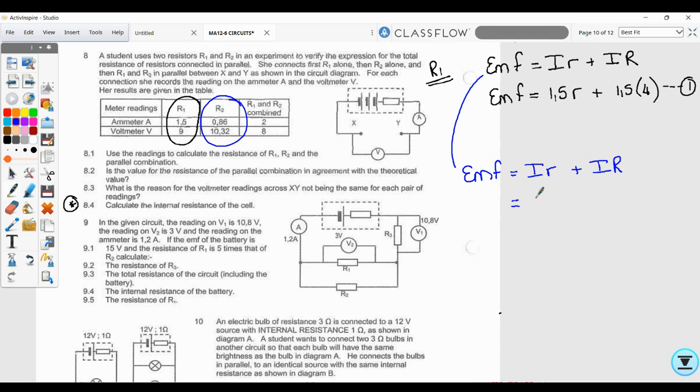So the current is 0,86 times little r, which is also constant, so it's the same as that little r, plus 0,86 times the big R that you calculated here, whatever it was. What was it for the second one?